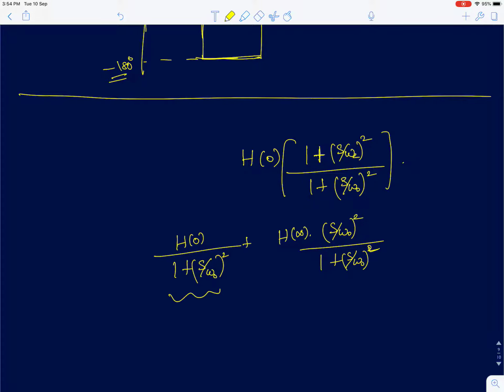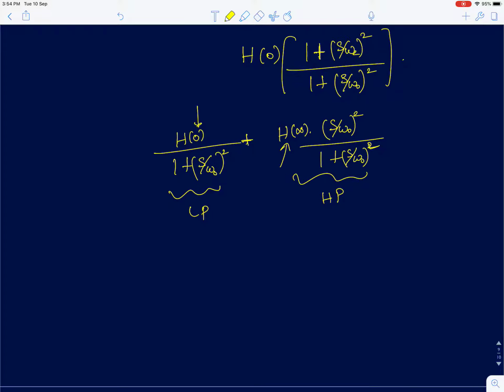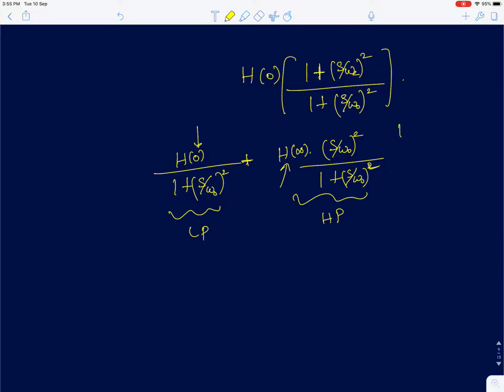So I have written it as a low pass function and a high pass function, a sum with different DC and high frequency gains. Again, we have defined what h infinity is. H infinity is, we can simply reduce it in this way, h of 0 into omega naught by omega z the whole square. This function we can very easily reduce to this format.